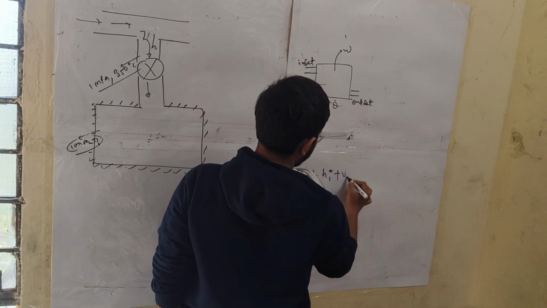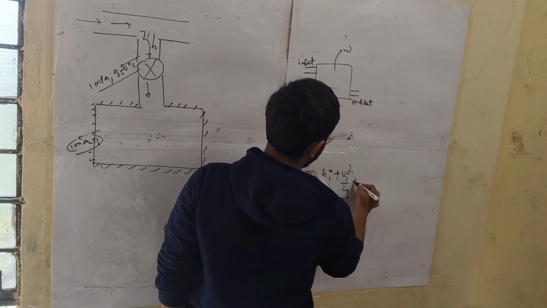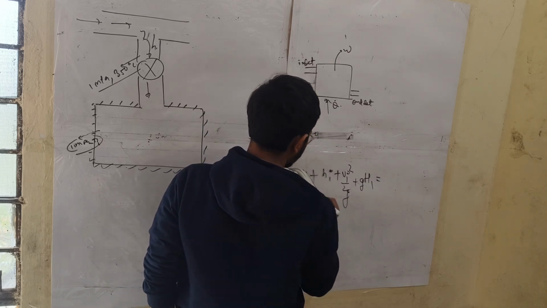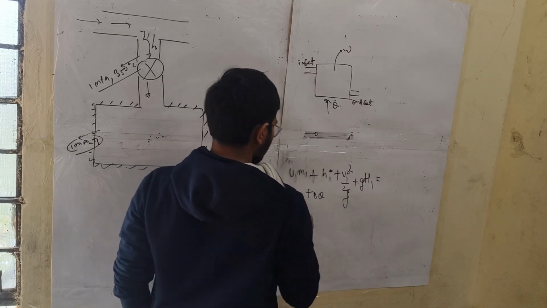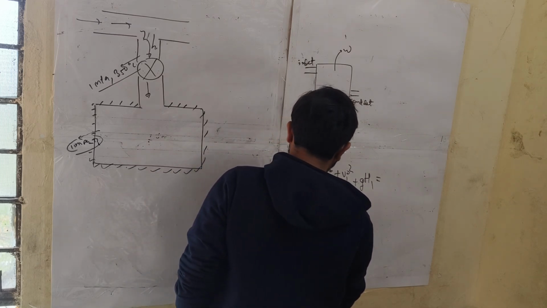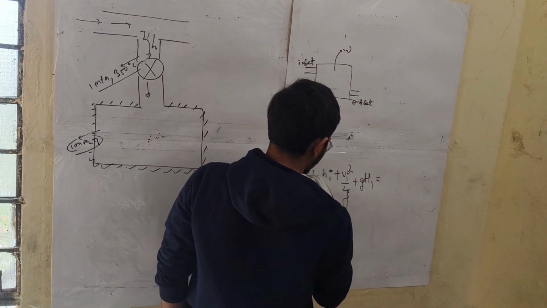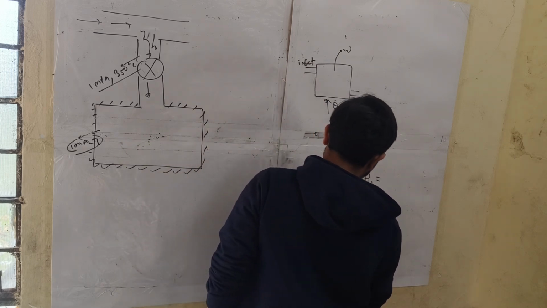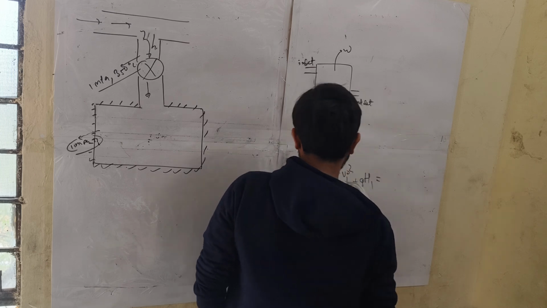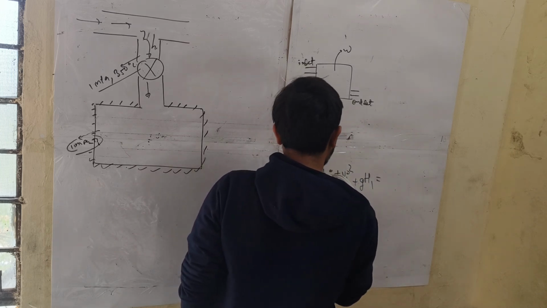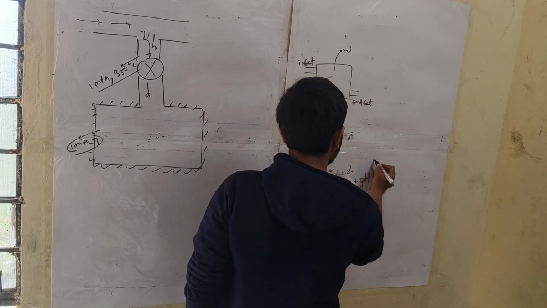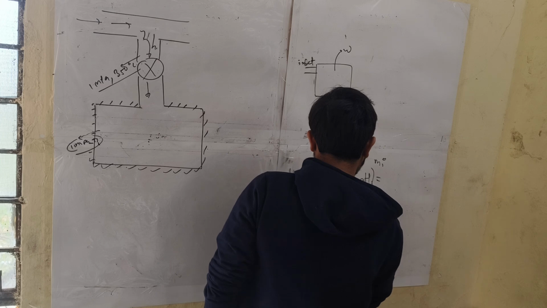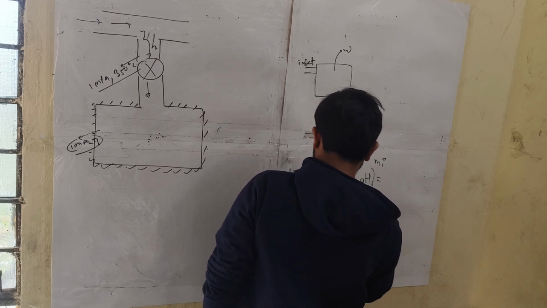Hi plus Vi square by 2g plus g h1 is equal to what? We supply a heat del Q to the system, and it must equal U2 M2 plus h exit plus V square by 2g plus g h exit, multiplied by the mass flow rate Mi.